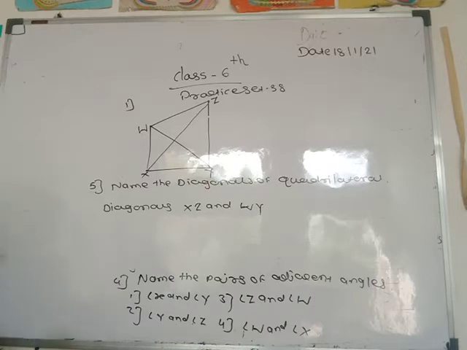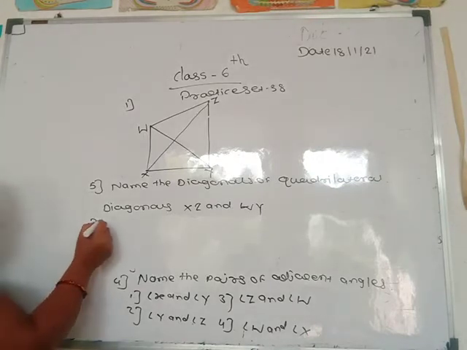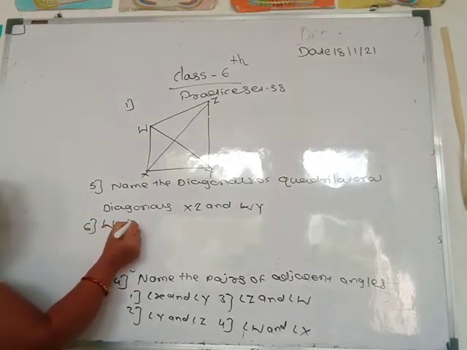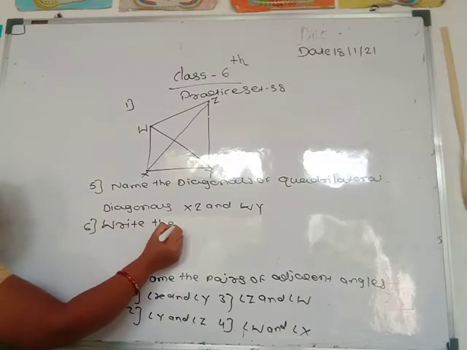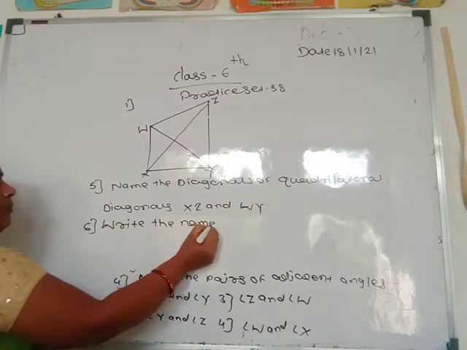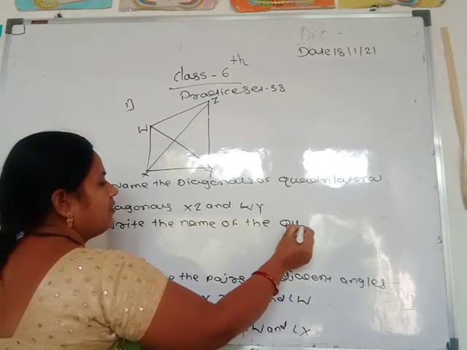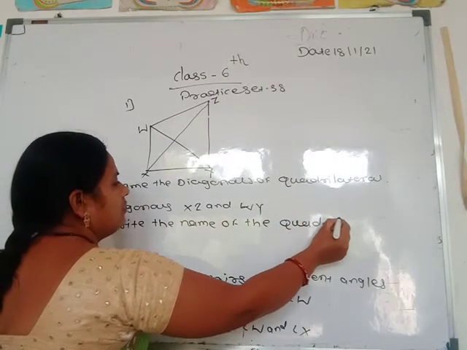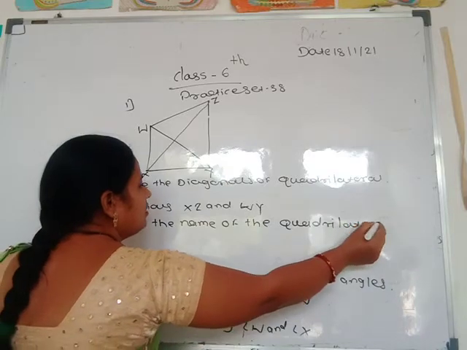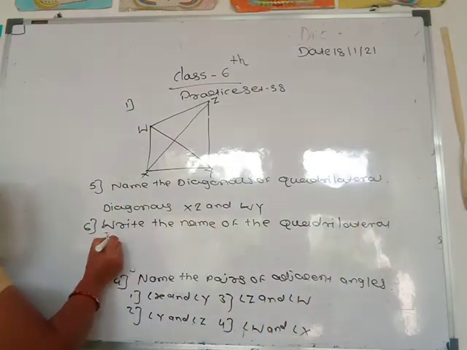Then the sixth question: write the name of the quadrilateral in different ways.